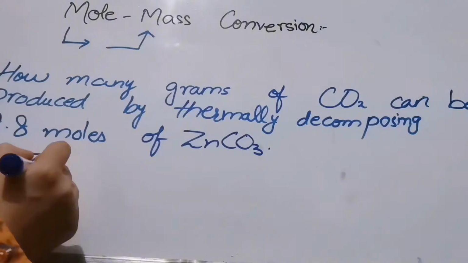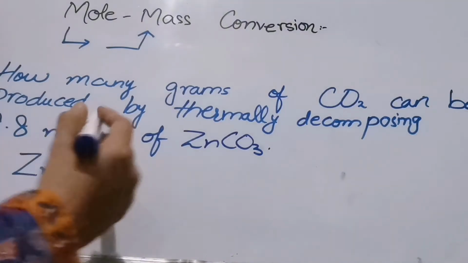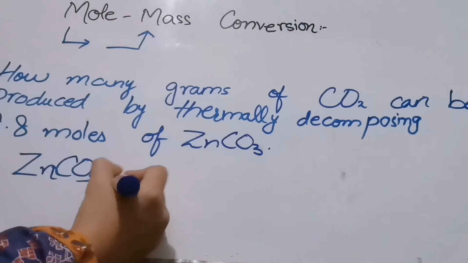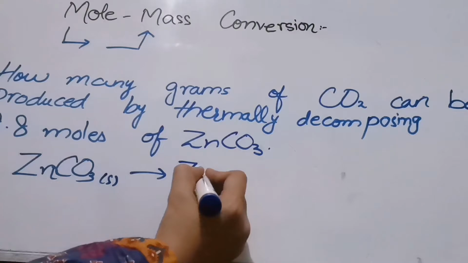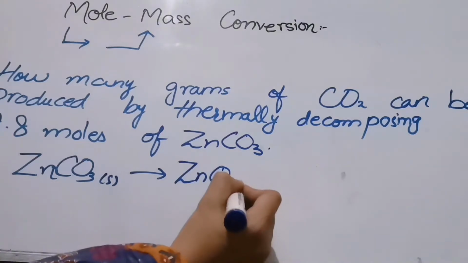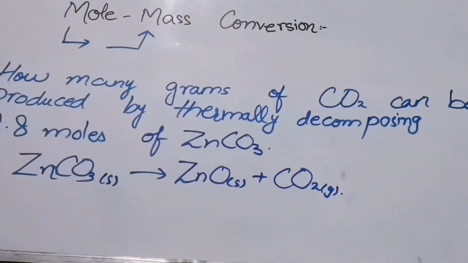We will write the balanced chemical equation. It will decompose and produce ZnO and carbon dioxide in gaseous form.